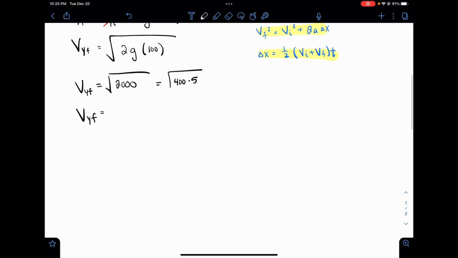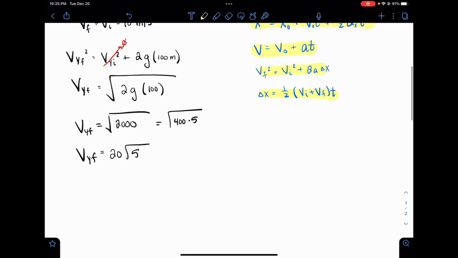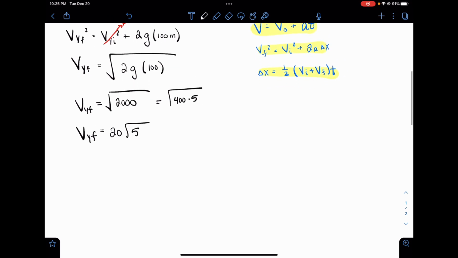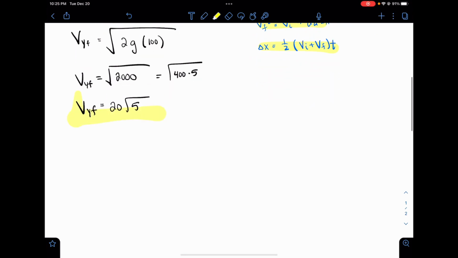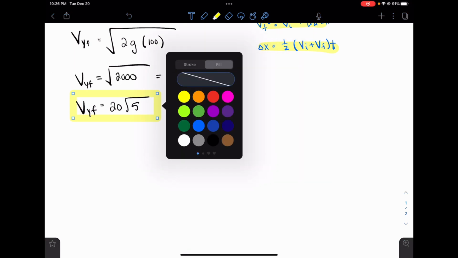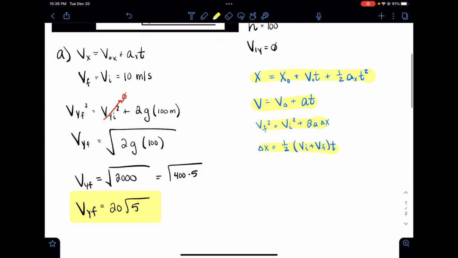So we can then do 20 times the square root of 5. And there's the answer. So now we have a final speed in the y direction and a final speed in the x direction.